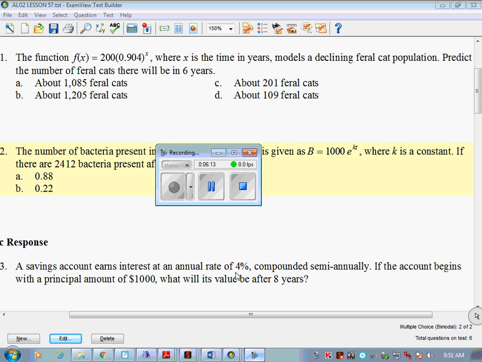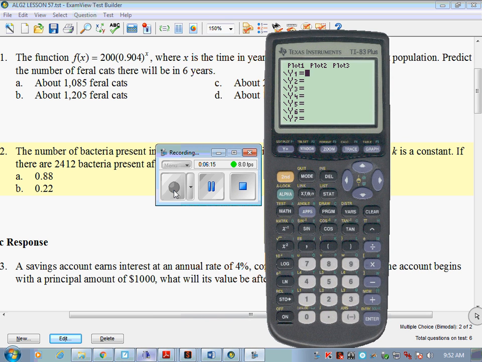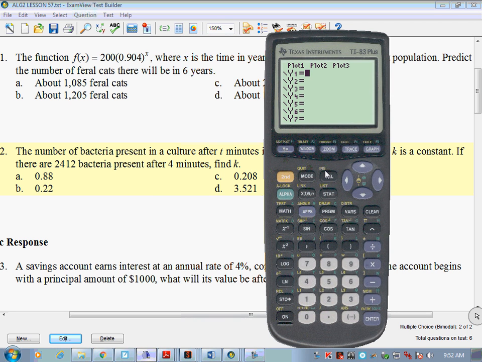All right, so what I'm going to do is go into the y function of my calculator, and type in the equation that they give me. So y equals 200 times 0.904 to the power of x.